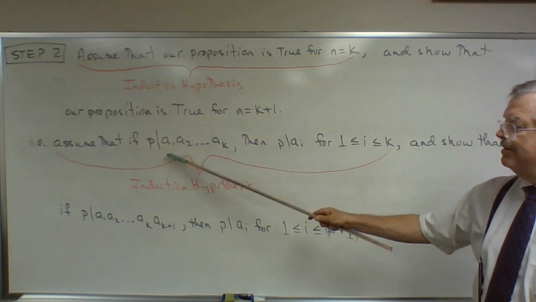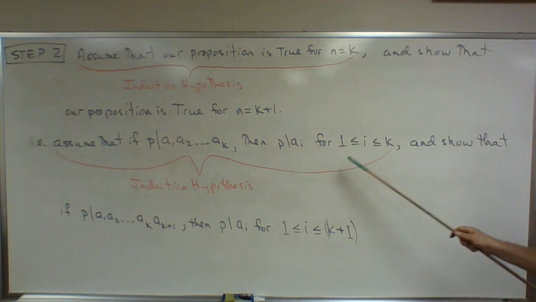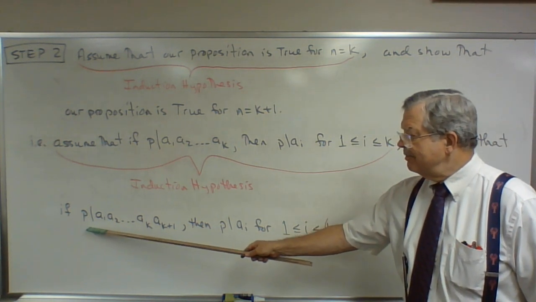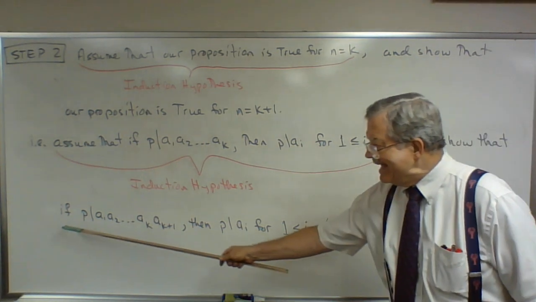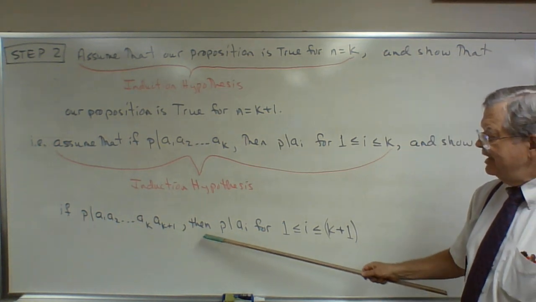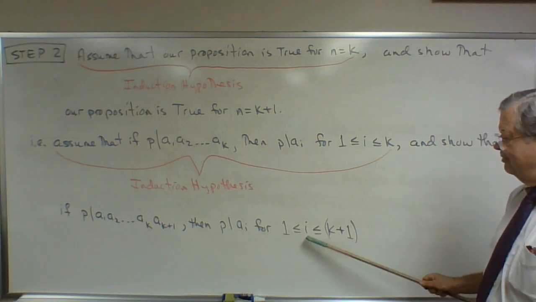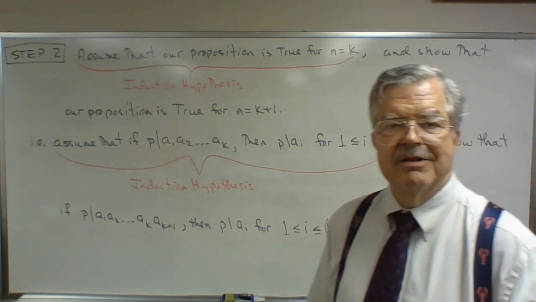That is, if P divides the product of k integers, then P divides a sub I where I is between 1 and k. And we'll show that if P divides the product of k plus 1 integers, then P divides one of those integers, some a sub I where I is between 1 and k plus 1. Let's see how we're going to do that.